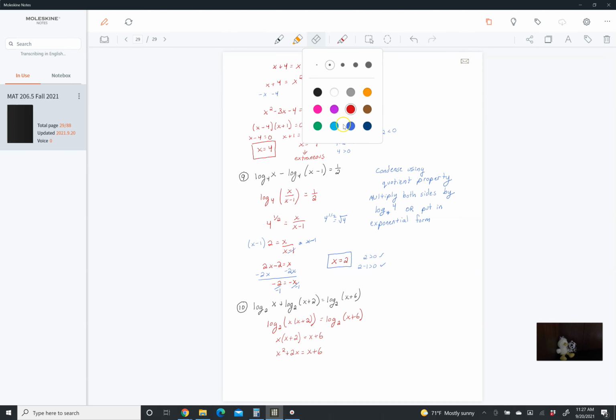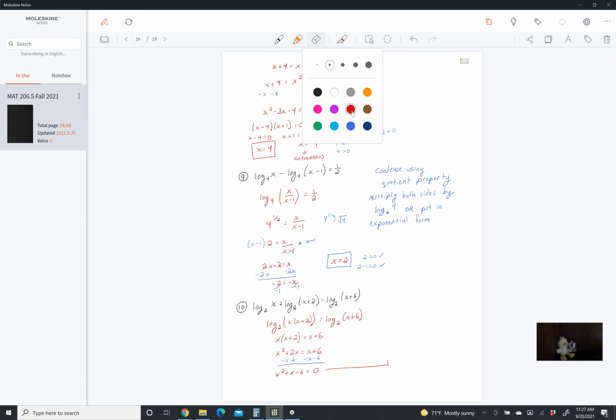Now we have a quadratic. Subtract x and subtract 6 from both sides. That's going to give us x squared plus x minus 6 equals 0.